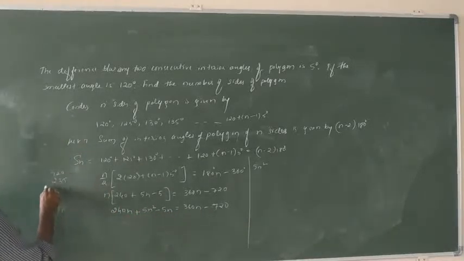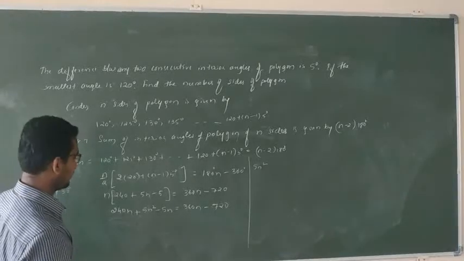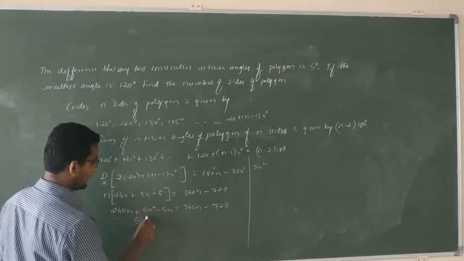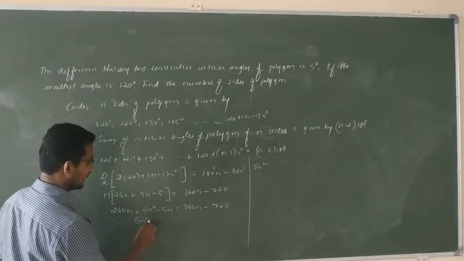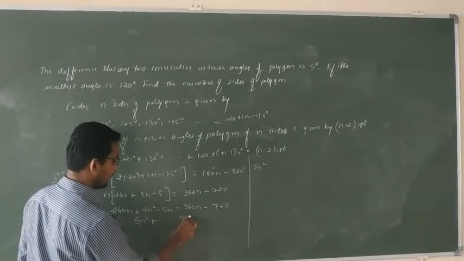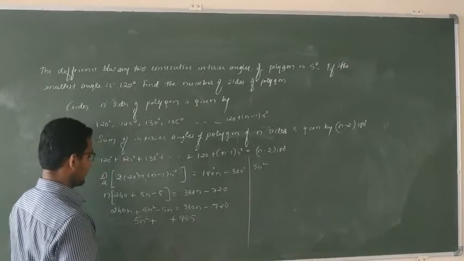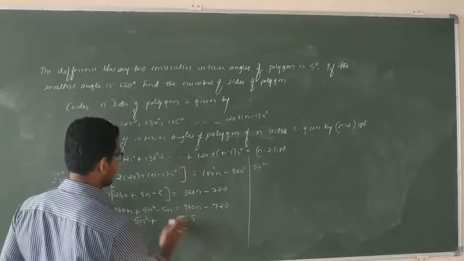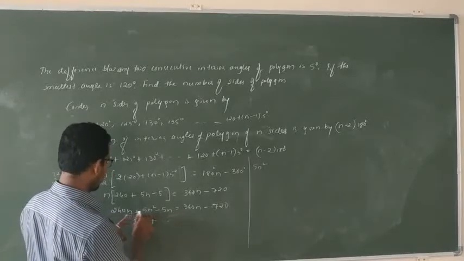Then it is 720. That is 5n square plus 955n plus 720. I'm sorry, let me correct this.